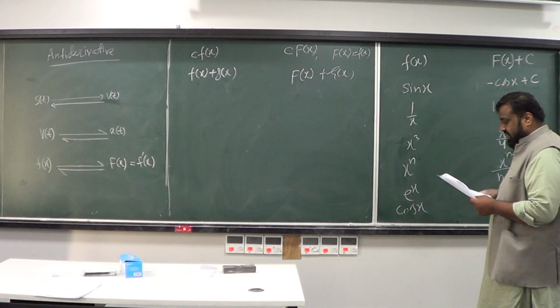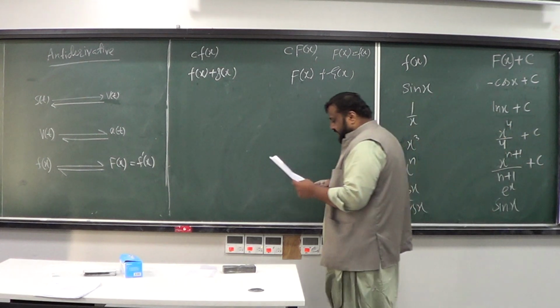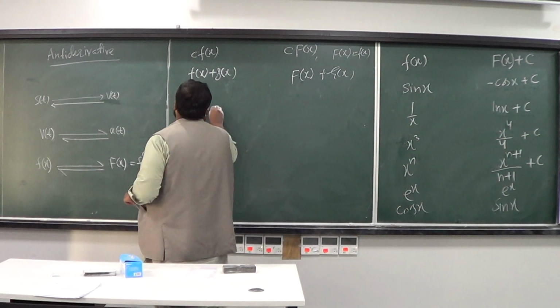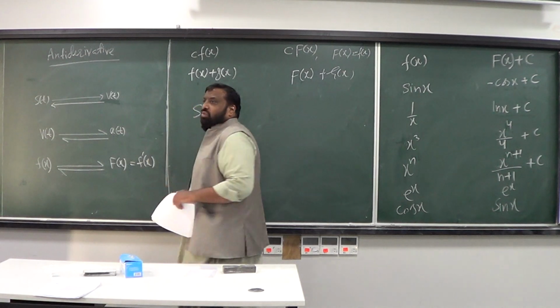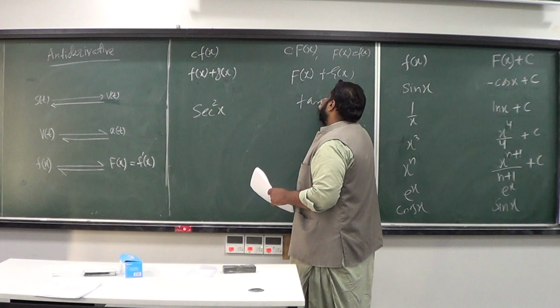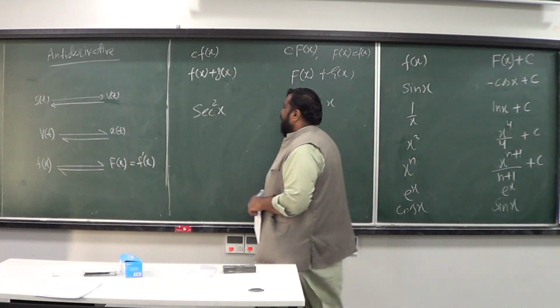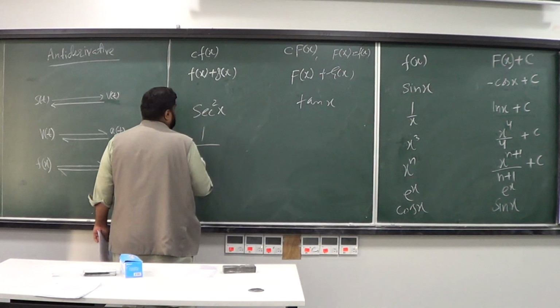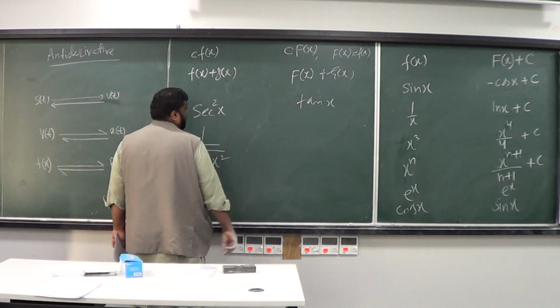How about if I give you, for example, secant square x? In other words, what is the function whose derivative is secant square? You're going to say tangent x. What is the function whose derivative is 1 over square root of 1 minus x squared?